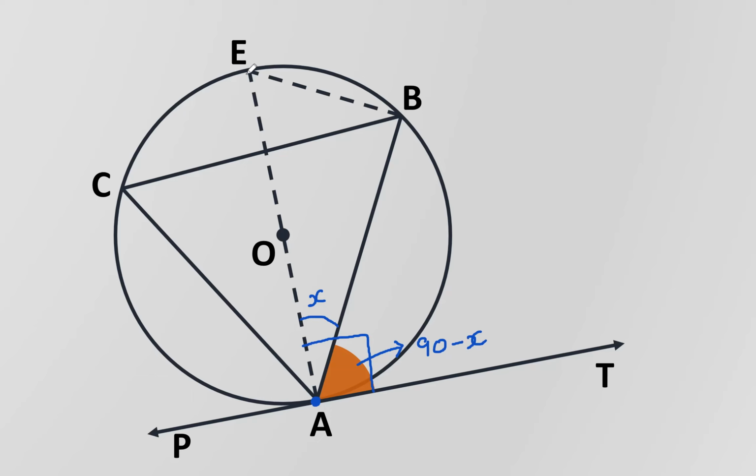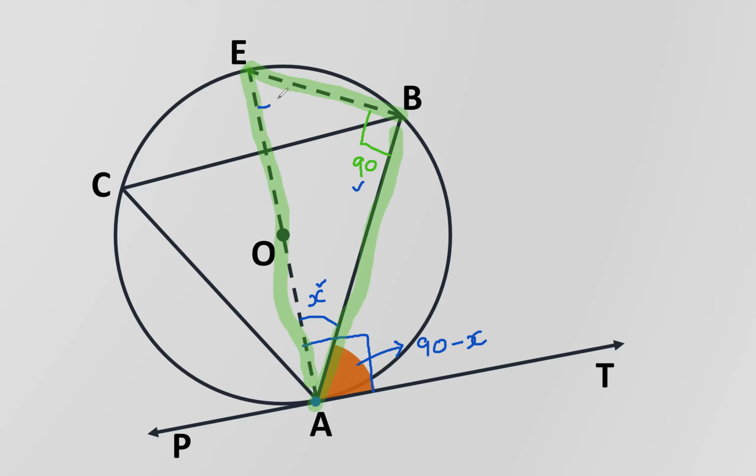Then if you see in this triangle AEB, angle EBA is the angle formed by the diameter, so that will be 90 degrees. By using angle sum property of a triangle, one angle is x, another angle is 90 degree.